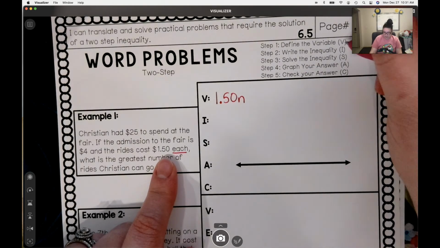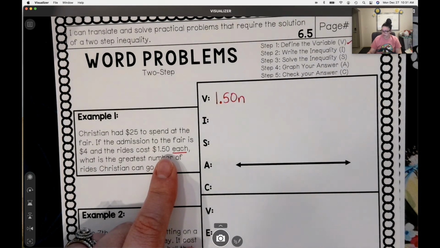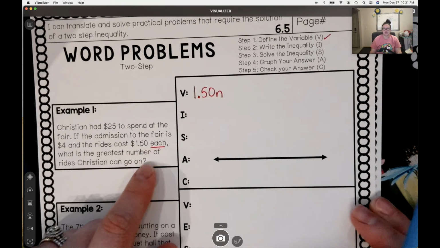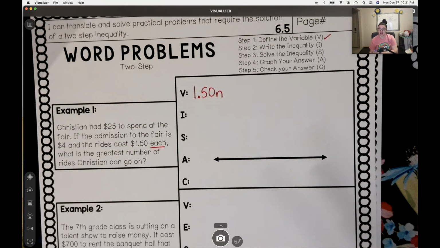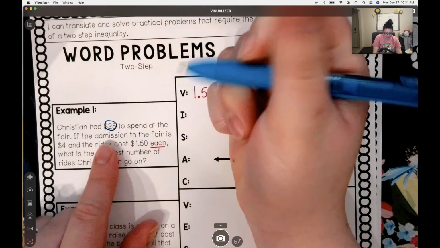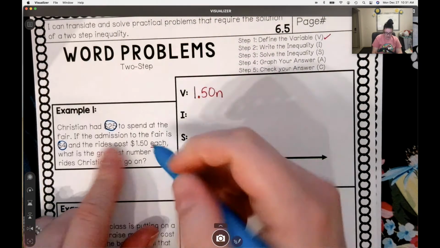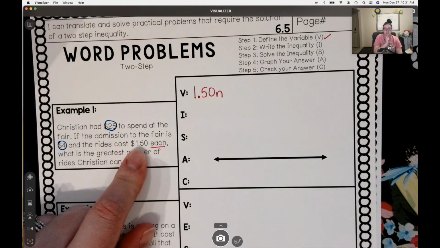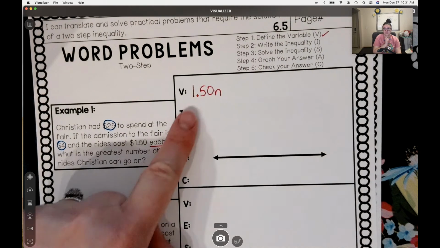So our second step, we want to write our inequality now. We need to go through and figure out where the numbers go. First off, we know we've got $25, we've got $4, and then we have our $1.50 with our variable.